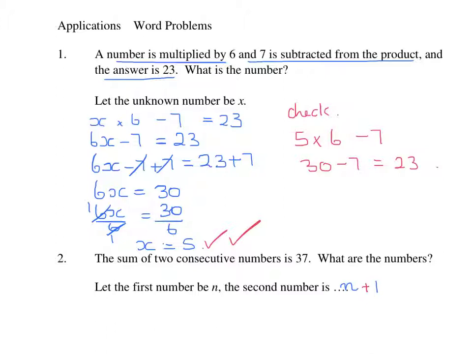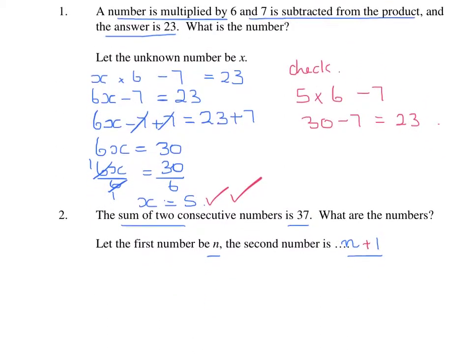So now we've got the two numbers. They are n and n plus 1. And we've been told that the sum of those two numbers is 37. So if we want to find the sum of the two numbers, that means we need to add them.